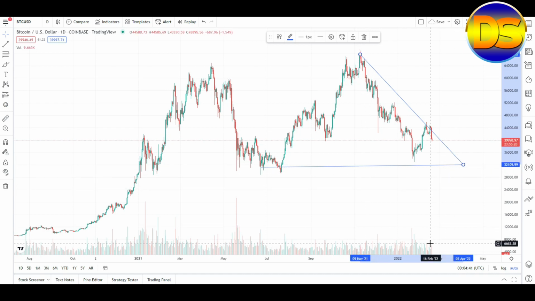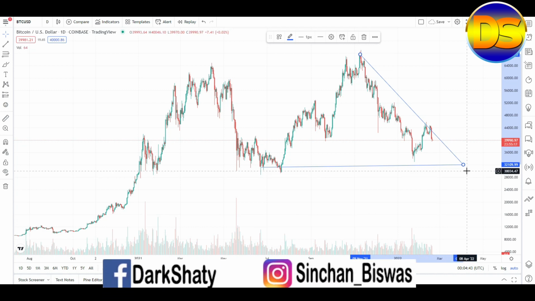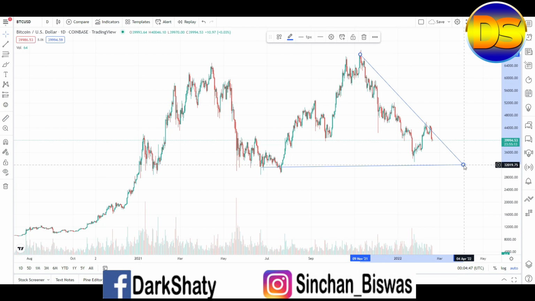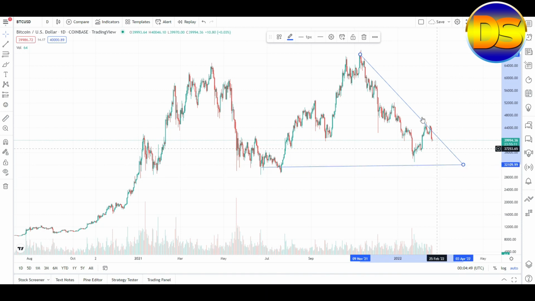So today or tomorrow this trading must go in this direction. So I think this graph is going down, and the Bitcoin currency is going down on this path.